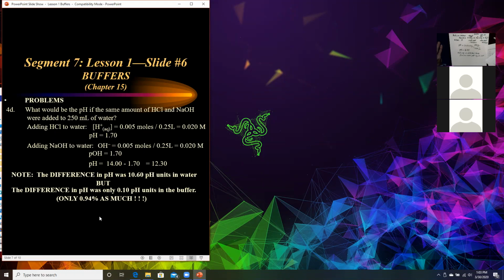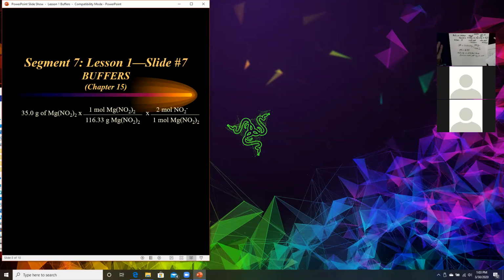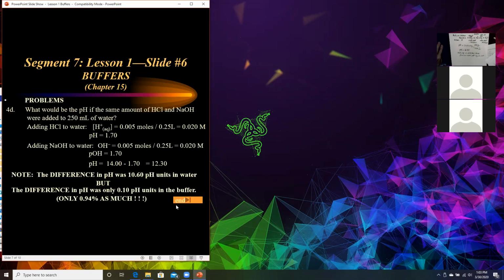And that's just in pH. Remember, pH is a logarithmic scale. So when you make a change of 10.6 pH units, that's like 10 to that power in terms of concentration. So it is extremely large.